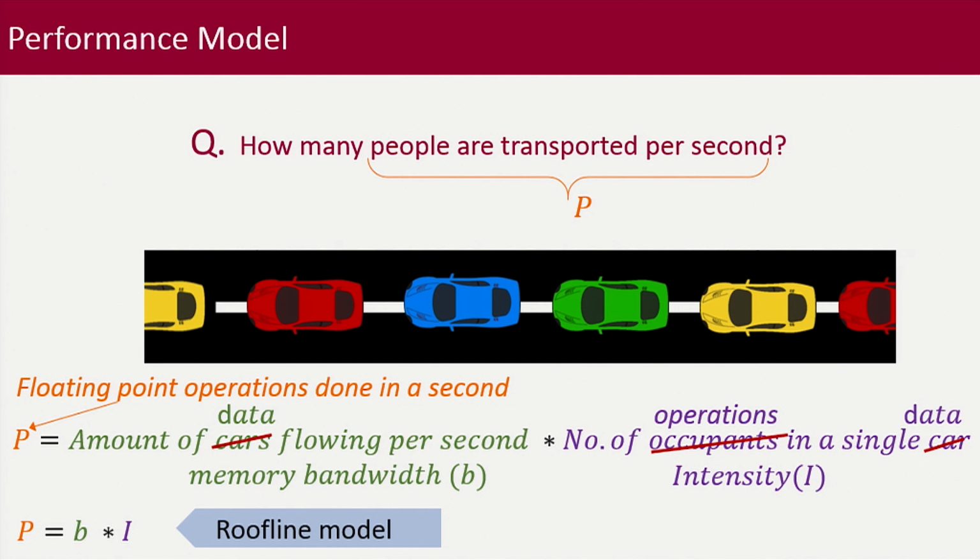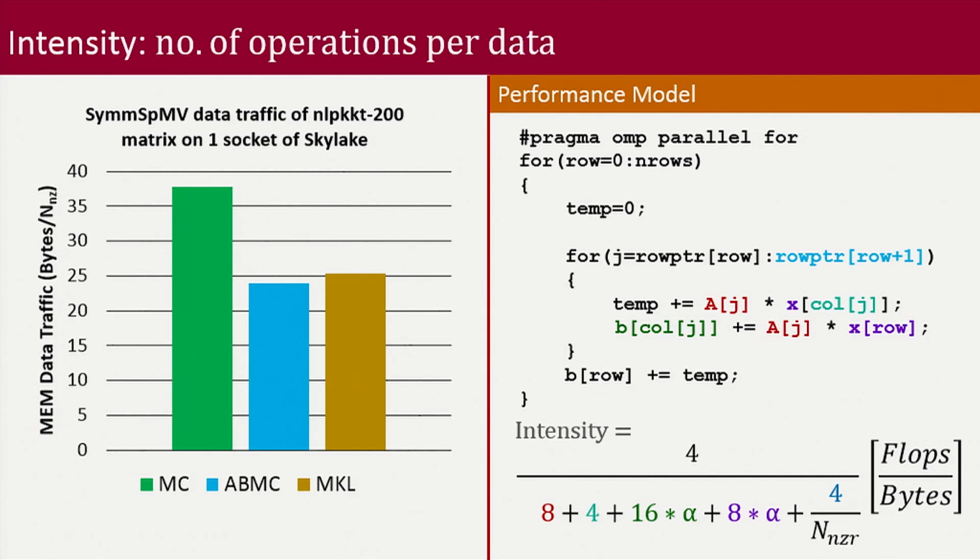The only thing that is unknown in this performance equation is intensity, or the number of flops done per byte of data. This we can find by analyzing the code. Here, in the case of symmetric sparse matrix vector, we do 4 flops, 2 multiplications and 2 adds, for each non-zero.